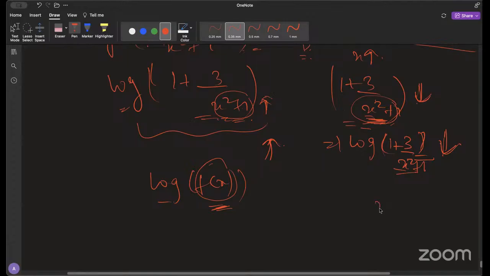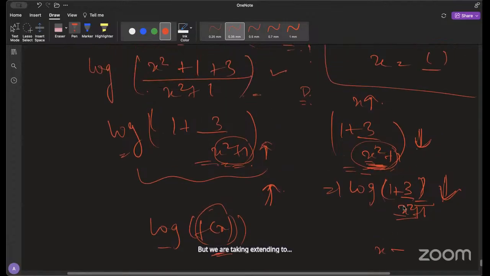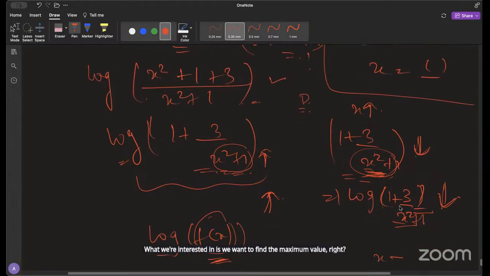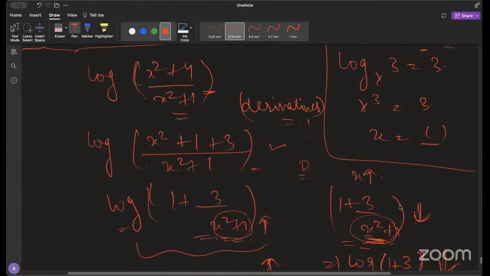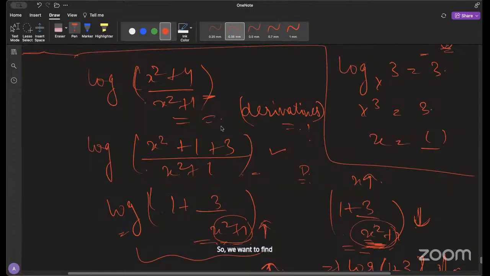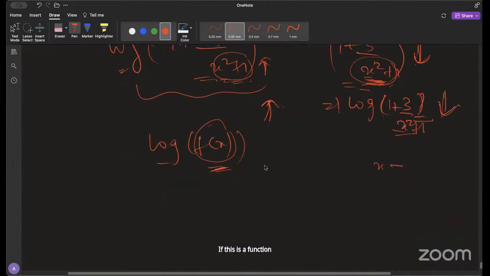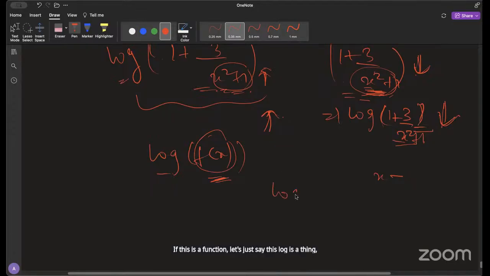But what we're interested in is we want to find the maximum value, right? So we want to find the maximum of this. Let's just say this is a function f(x).